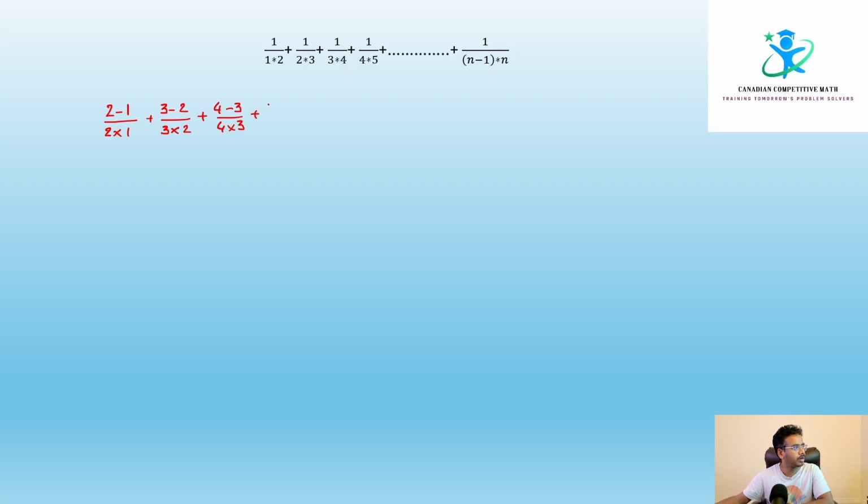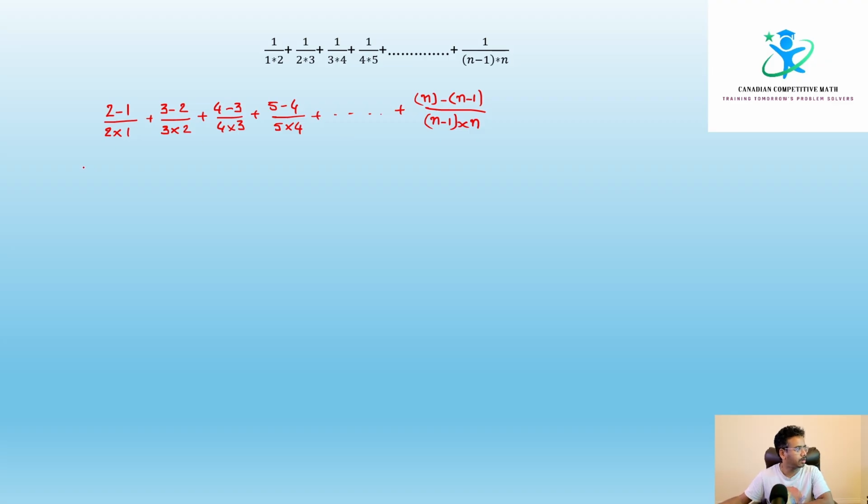The fourth one we can write as 5 minus 4 by 5 times 4. And all the way, the last one we can write as n minus (n minus 1) by (n minus 1) times n. Okay.